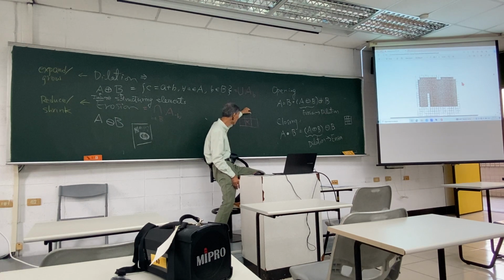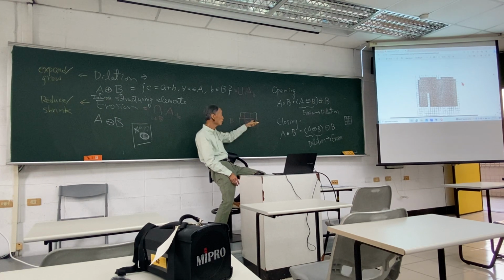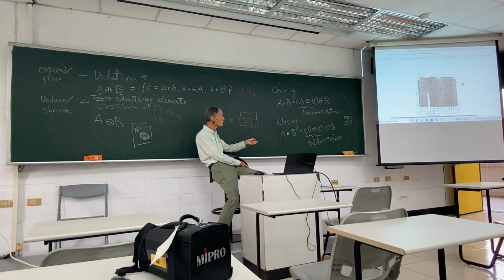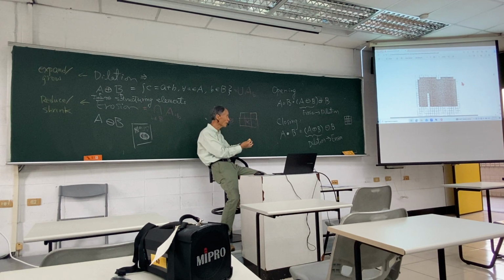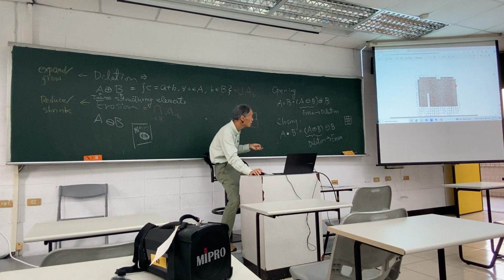Or you can do something like that, and then this corner will be filled, and also these 2 points will be filled. But the object will expand upward, it will expand upward. But it won't go downward because we have nothing there compared with the origin. So this is dilation.